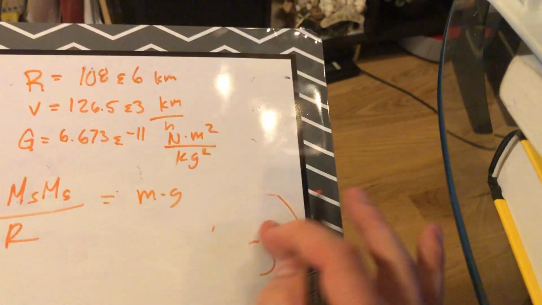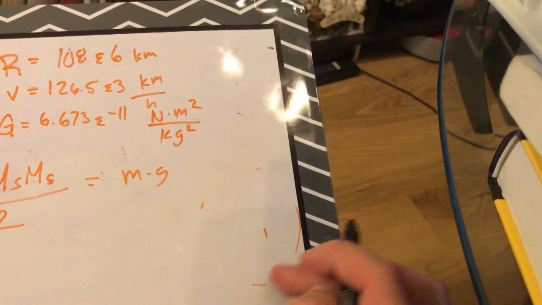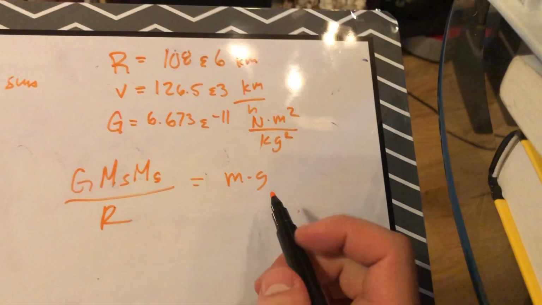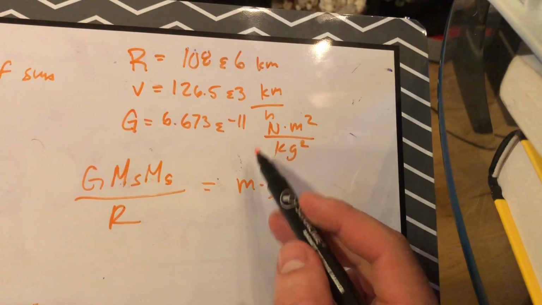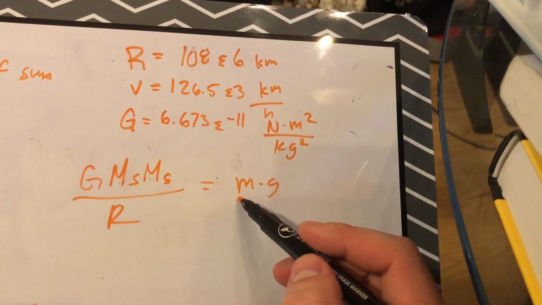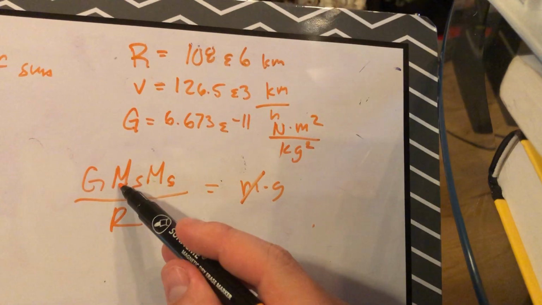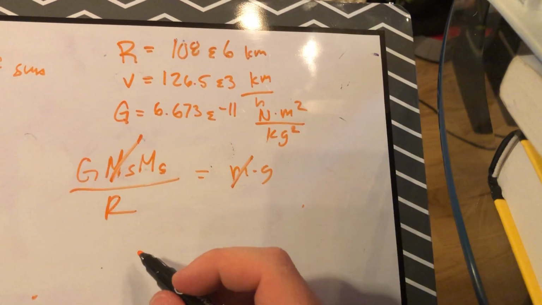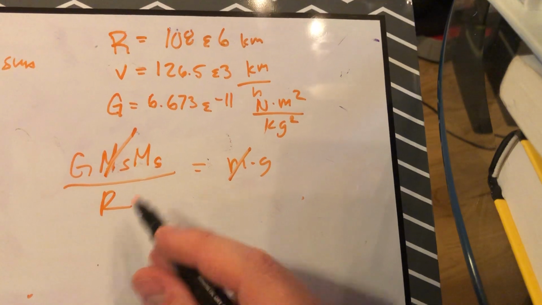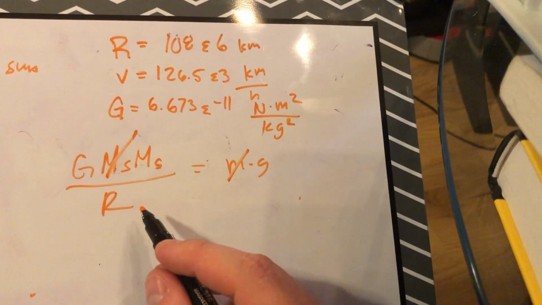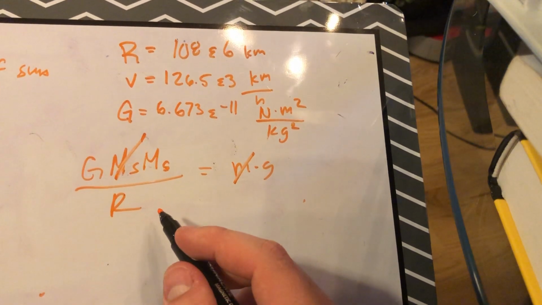And the interaction between them creates gravitational force, I guess. So mass under gravity, and this mass is going to represent the mass of the satellite. So essentially we're going to have the gravitational constant times the mass of the central body over the radius squared.